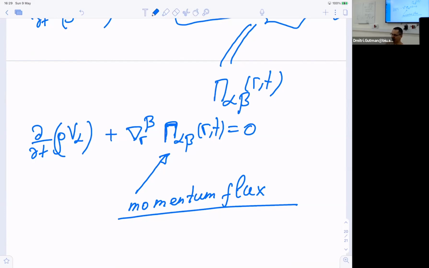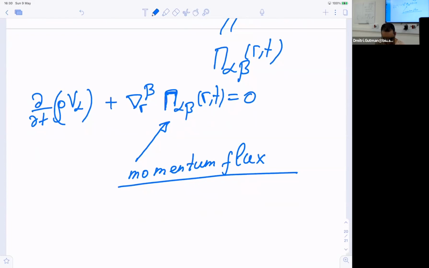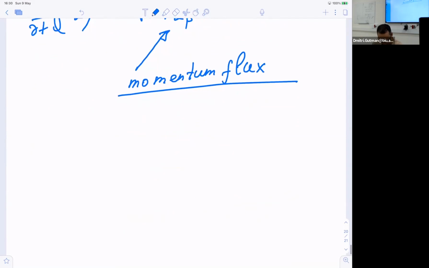Momentum is a vector, so you look at the component of the momentum in the alpha direction and ask how much of this flows in the direction beta. That's something to think about, but that's its formal definition. We will talk a bit more about this later.